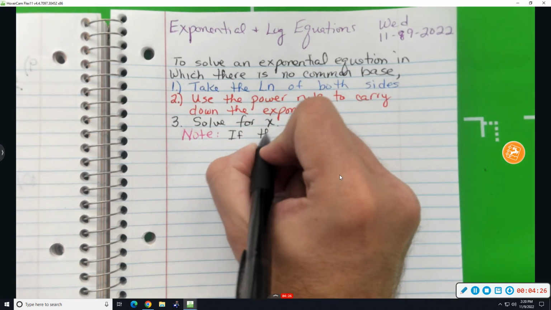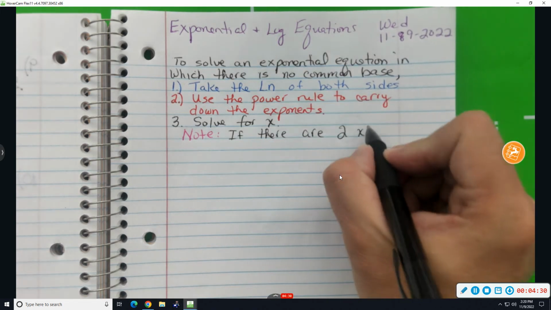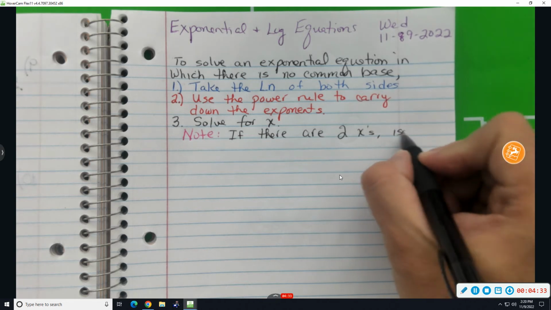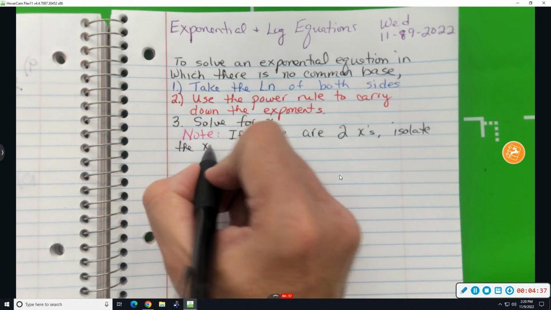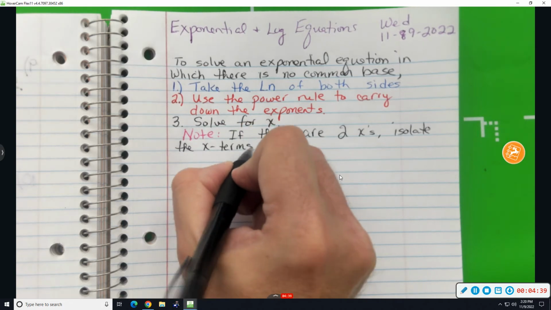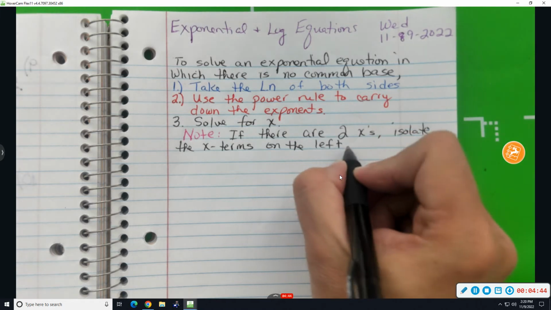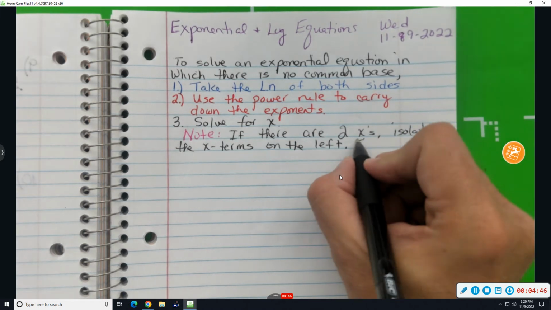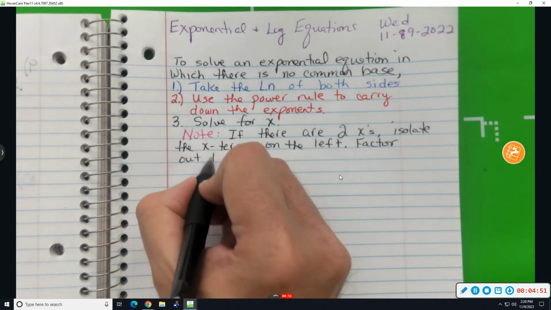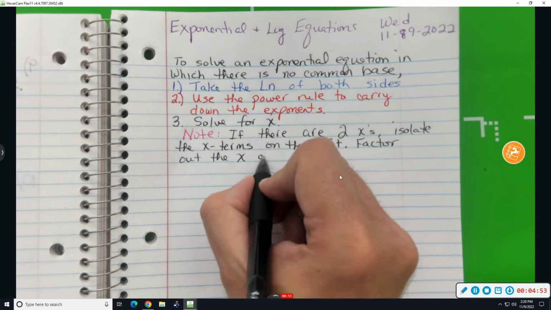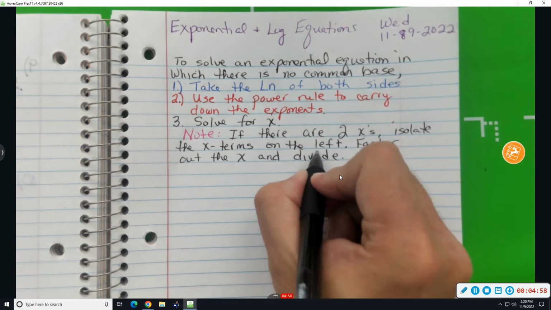If there are 2 x's, isolate the x's or the x terms on the left, then factor out the x and divide.